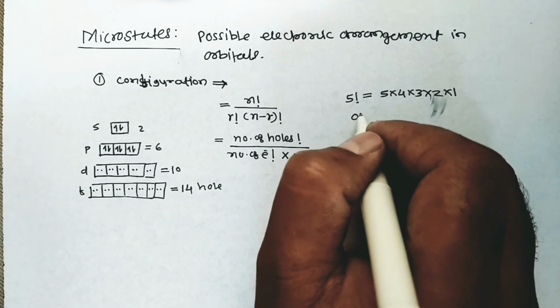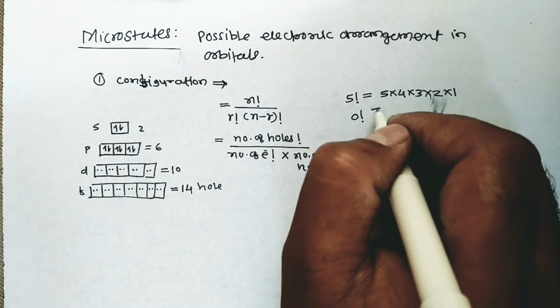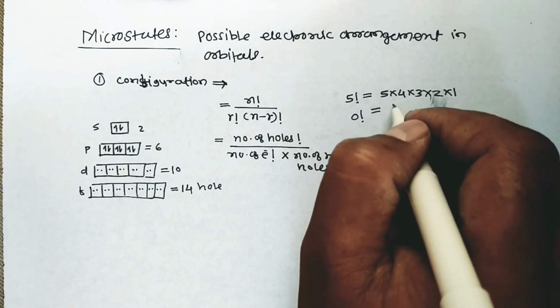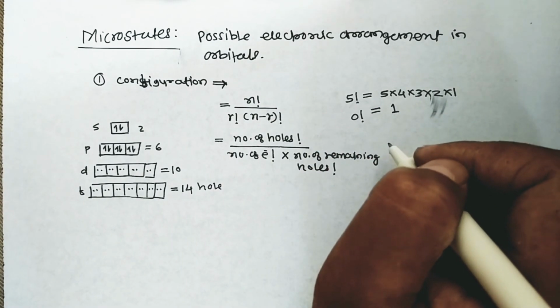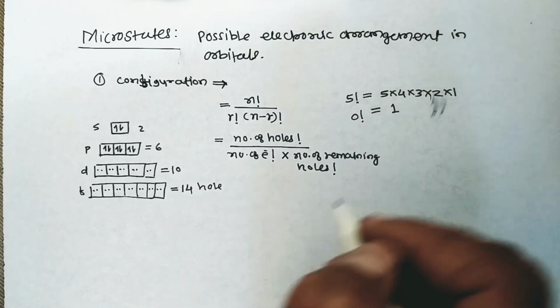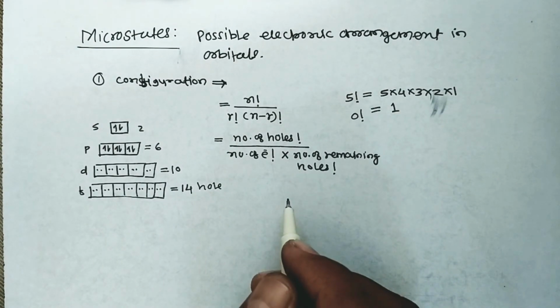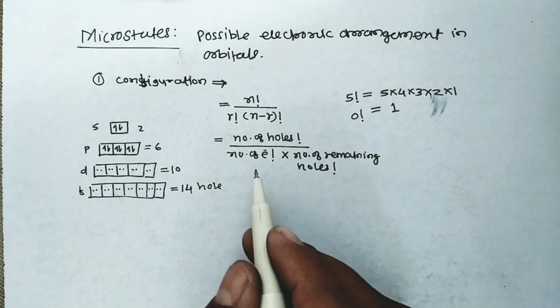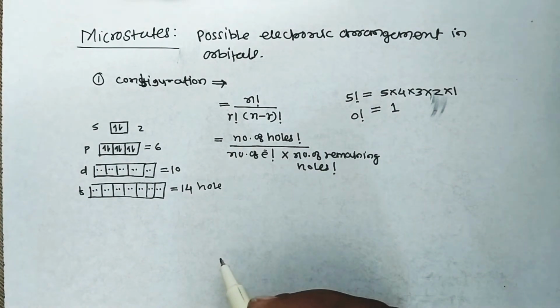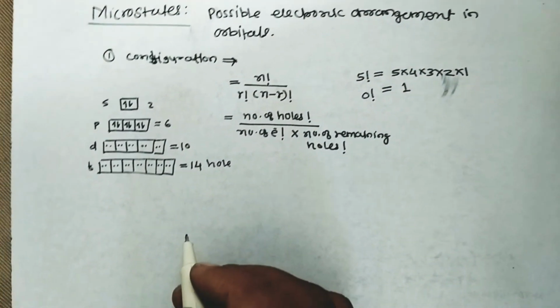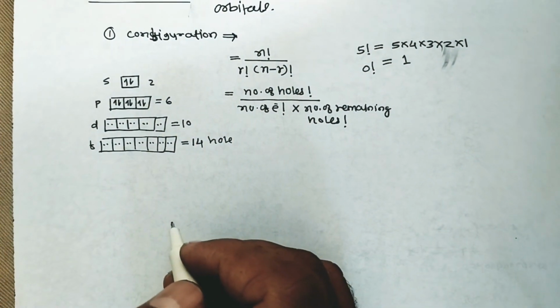If 0 factorial is given, then the value is 1. Therefore you should know the number of holes and the number of electrons for a given microstate calculation. Let us see an example to clarify this concept.